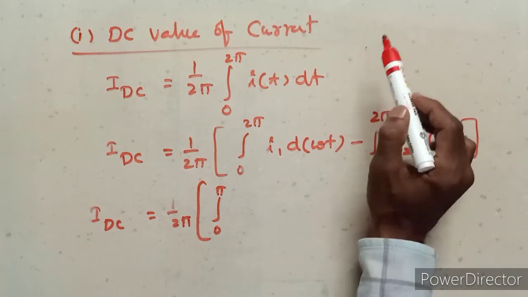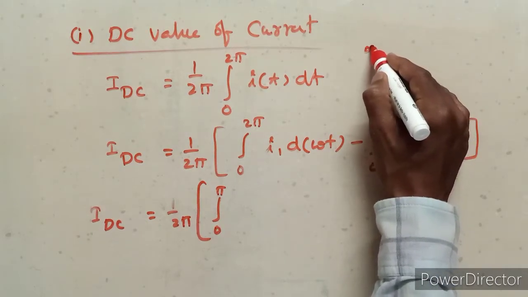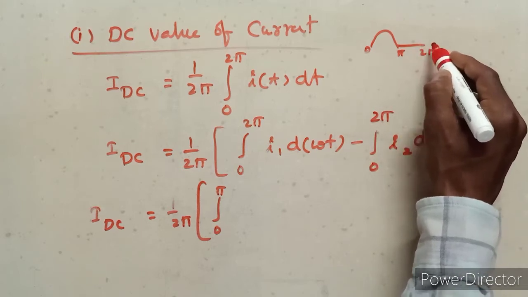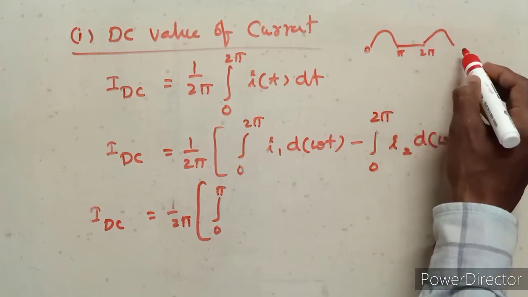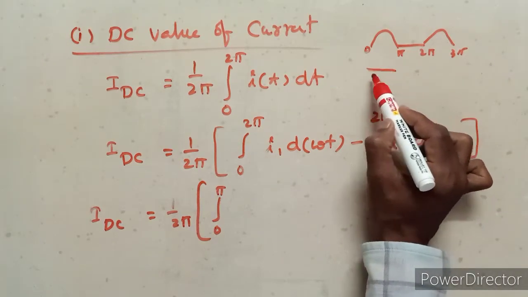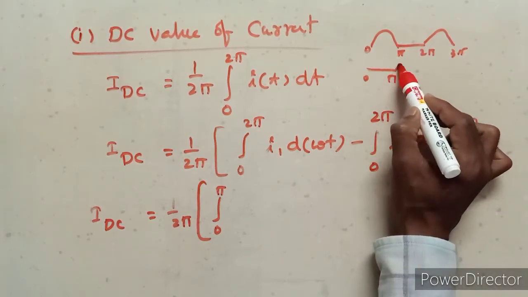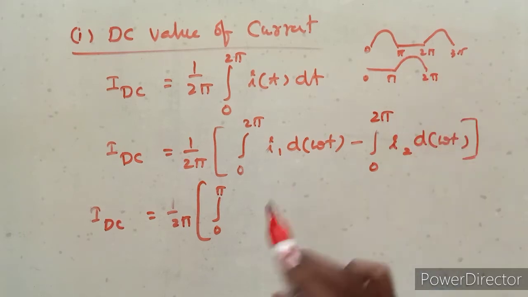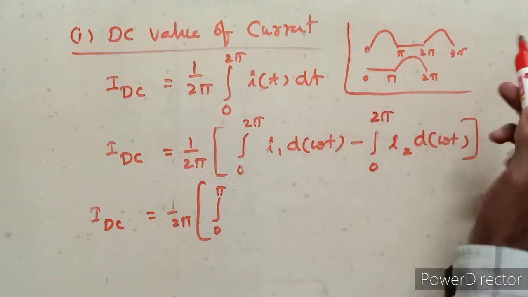Already we know that for the forward current, 0 to pi is allowed and pi to 2 pi is not allowed. In the reversed case, 0 to pi is not allowed, pi to 2 pi is allowed. So we observed these things.